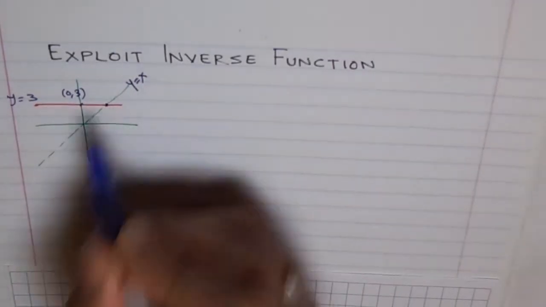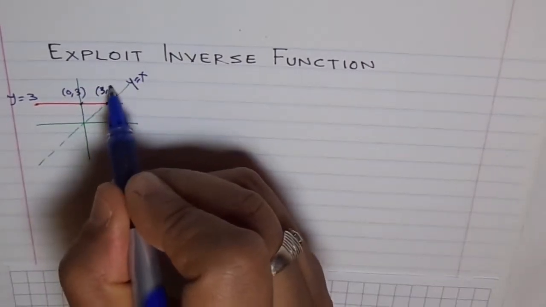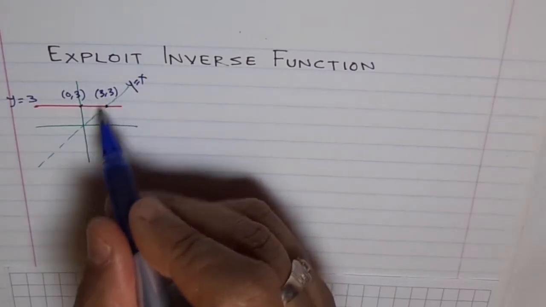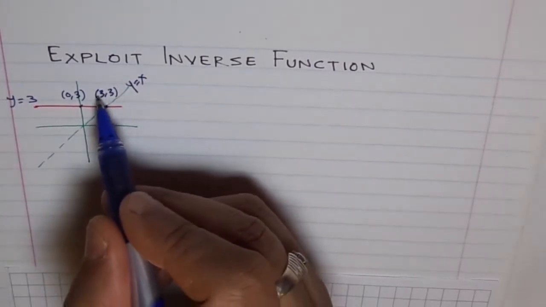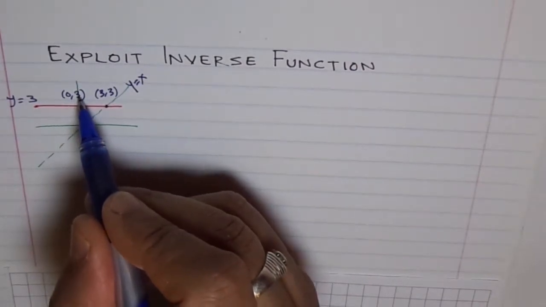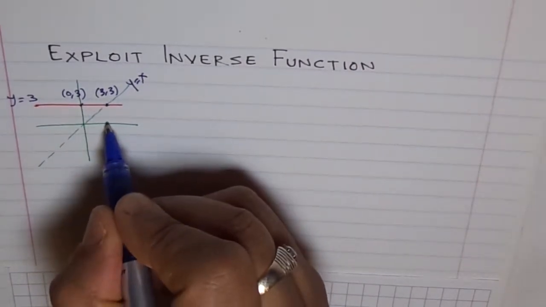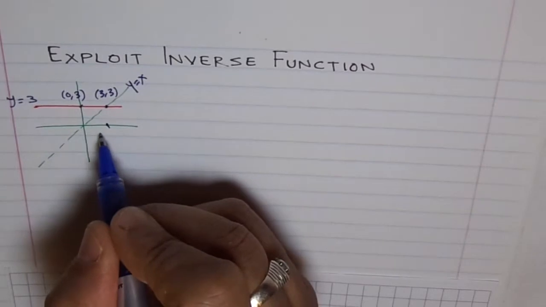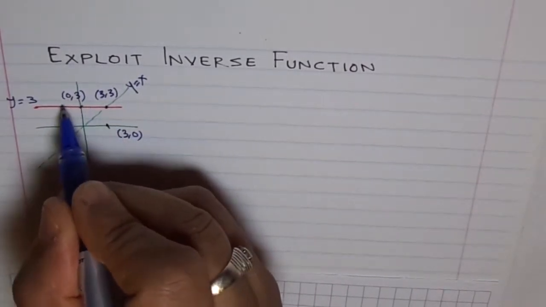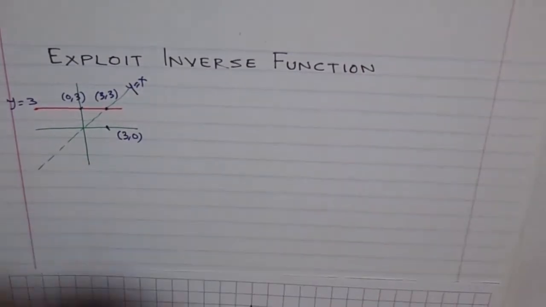So of course, this point is (3, 3), correct? Now for the inverse, the coordinates will flip. So when (3, 3) flips, we get the same point. And when (0, 3) flips, we get a point which is kind of here, which is (3, 0), right?